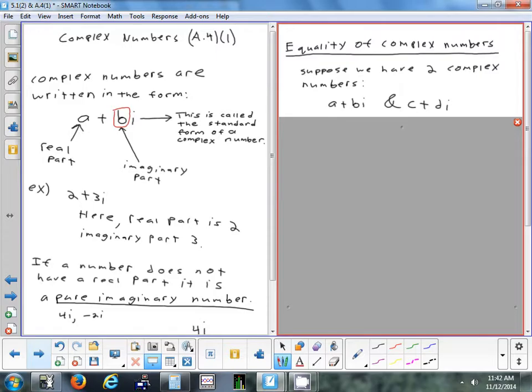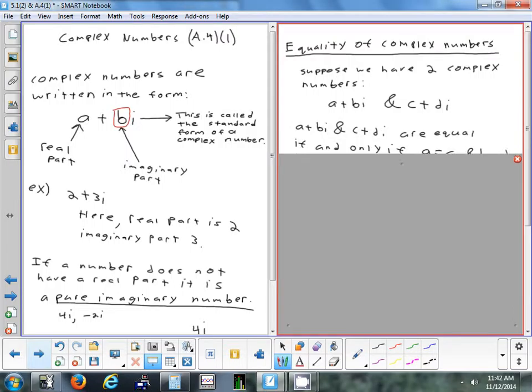You have to compare two things here to see if those numbers are equal. First, you'd have to check and make sure that the real parts match. So a would have to match c. And then you have to check that the imaginary parts match. b would have to match d. Okay, it's pretty much common sense, but it's not something we have to do with real numbers. We only have to check one thing. With complex numbers, you got to check two.